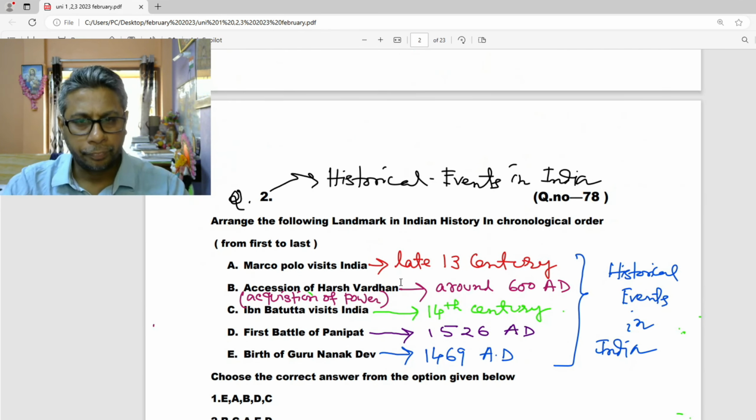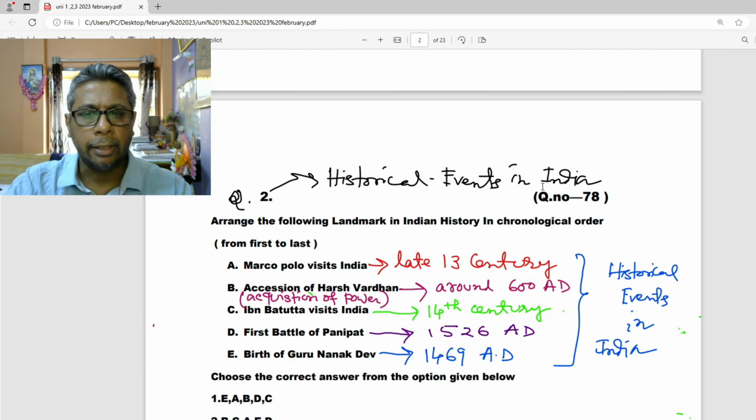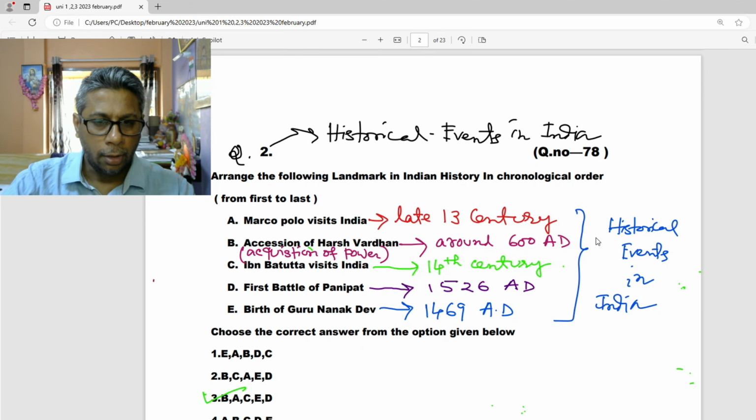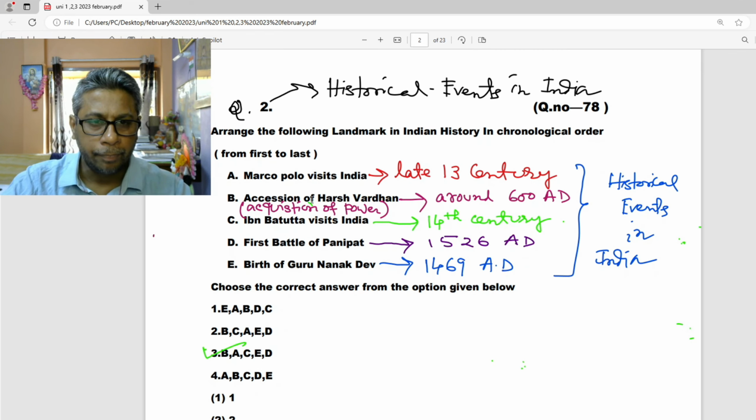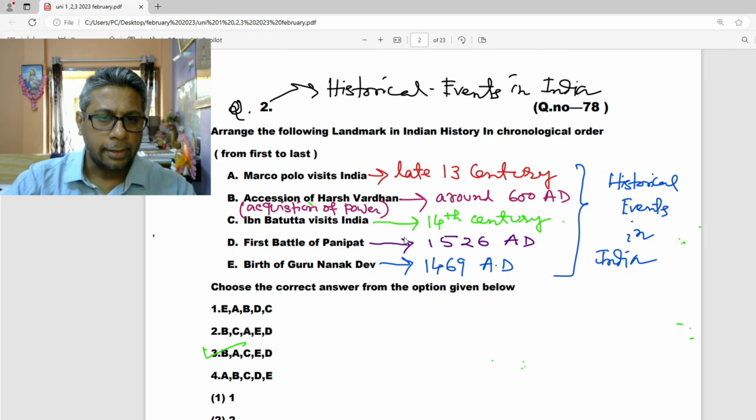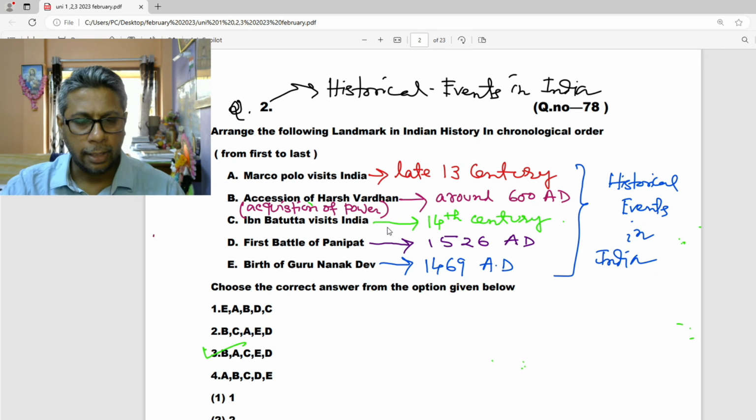The next question is based on a historical event in India. Question number 78. Arrange the following landmarks in Indian history in chronological order. First, B, the accession of Harshavardhan. Accession means acquisition of power, around 600 AD.